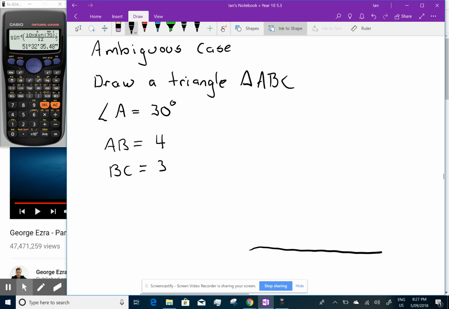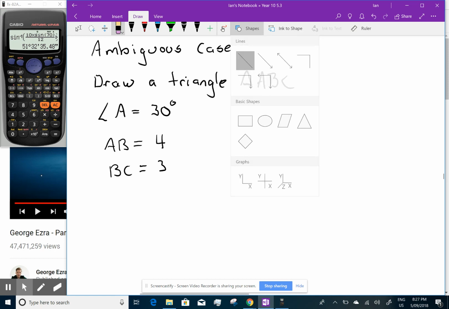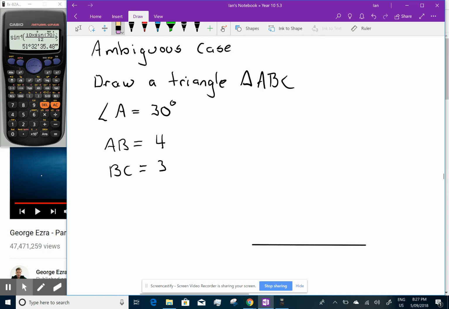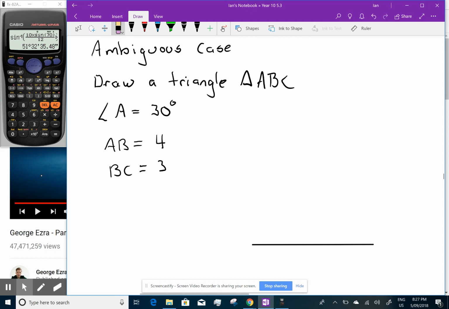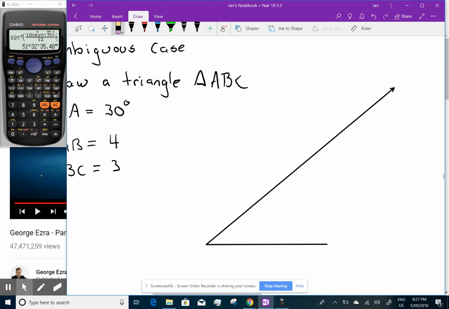Actually, I'll redo that so I can get a straight line. There. Now, imagine that I have also drawn another line at 30 degrees from here. And it goes on and on and on. That'll do.